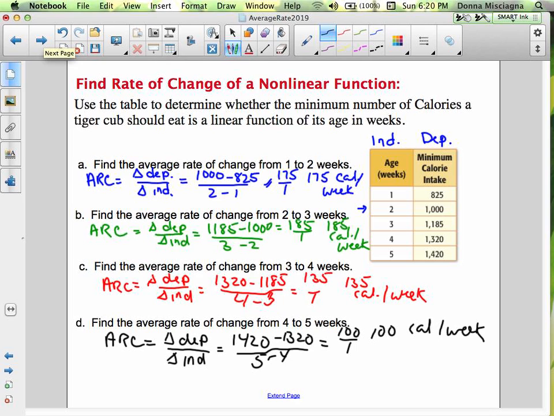All right, is this a linear function? All right, so this is not a linear function. And that's because it does not have a constant rate of change.